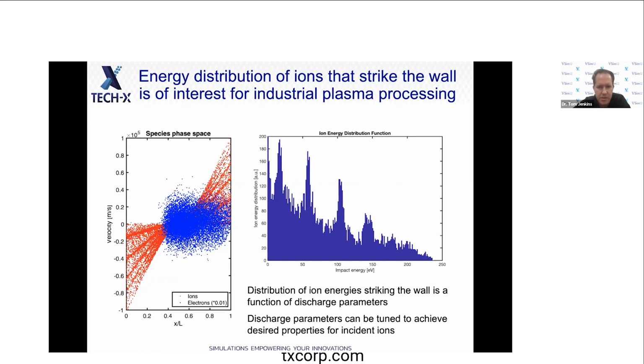We might tune the discharge to get a more monoenergetic kind of distribution striking the wall. Or we might tune it to get a broader and less spiky kind of behavior if we were just going for a coating kind of effect on the substrate. In any case, we can tune the properties of the discharge in a way that gives us the surface effects that we want.